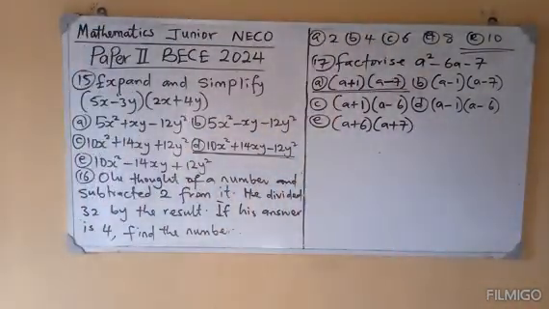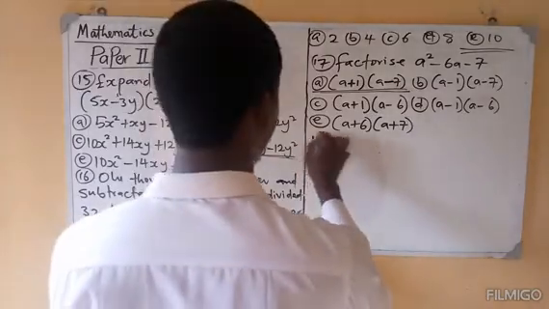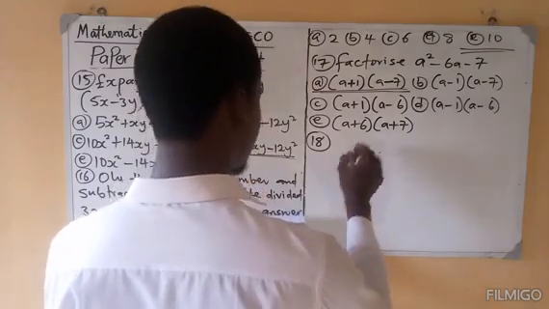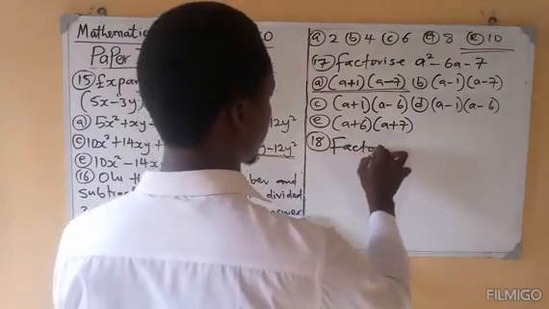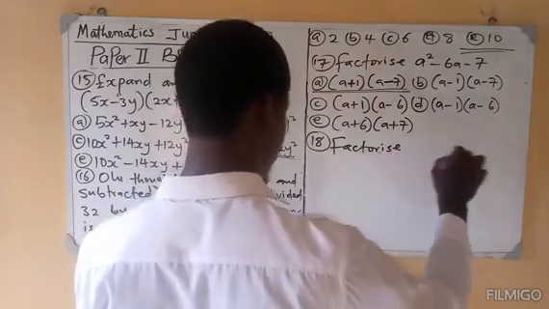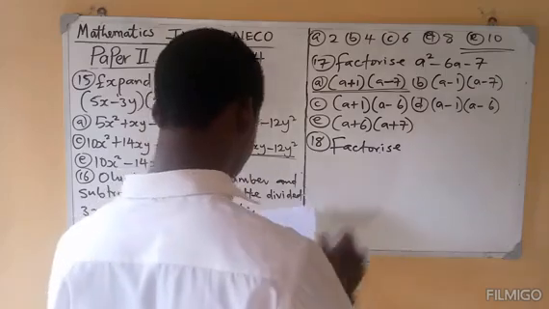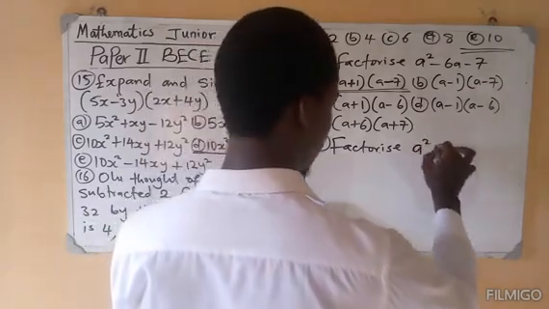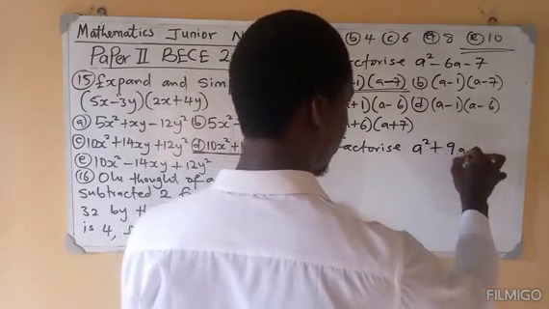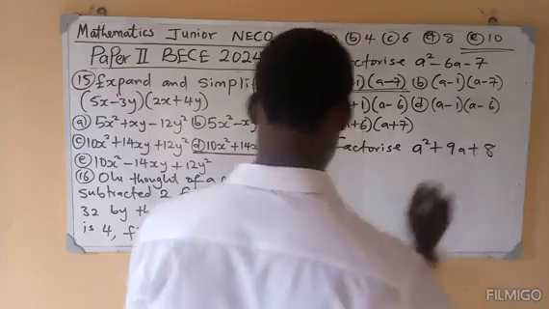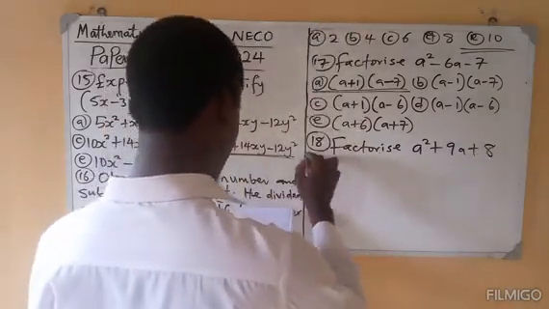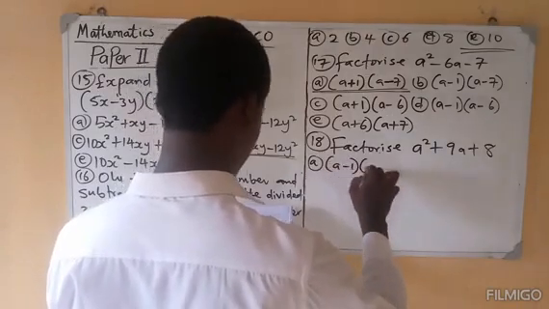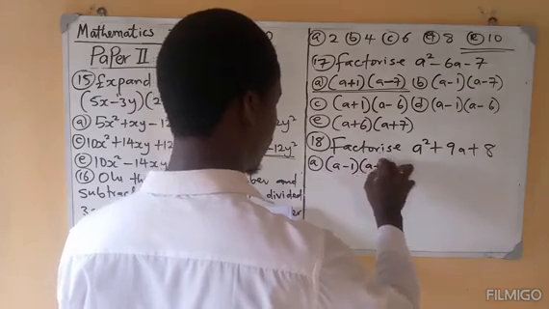The next question, question number 18, says factorize a squared plus 9a plus 8. Options given are: A, a minus 1 and a plus 4.